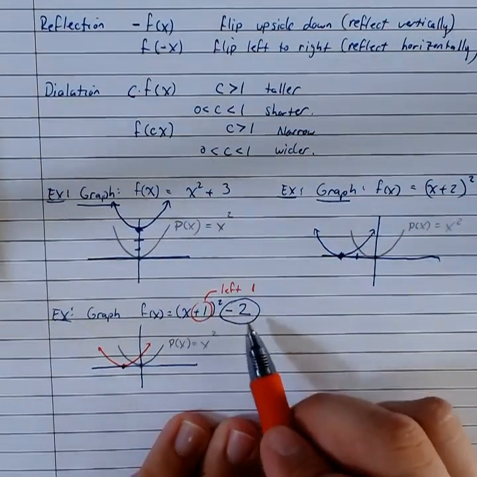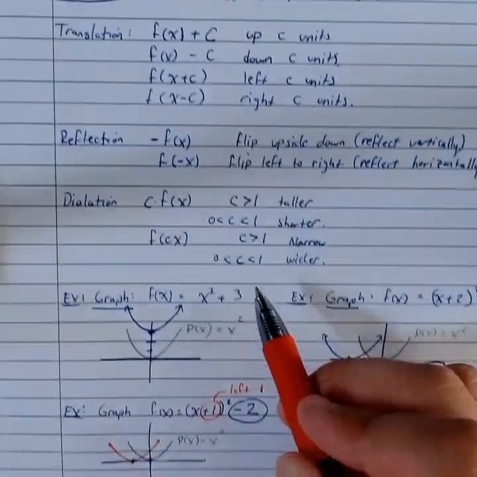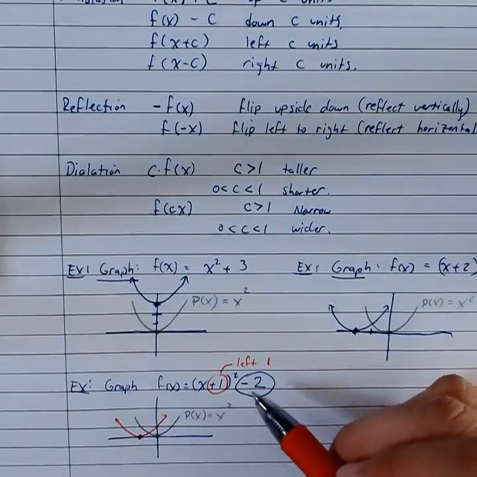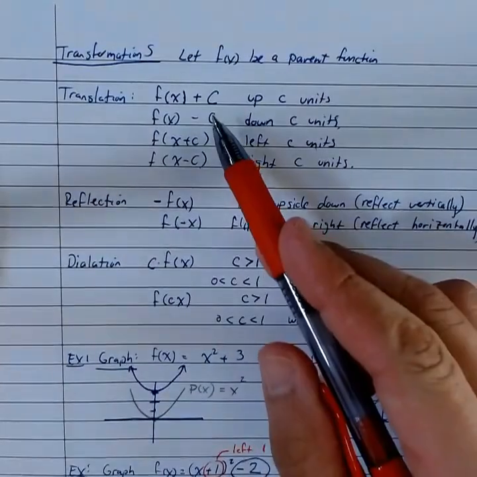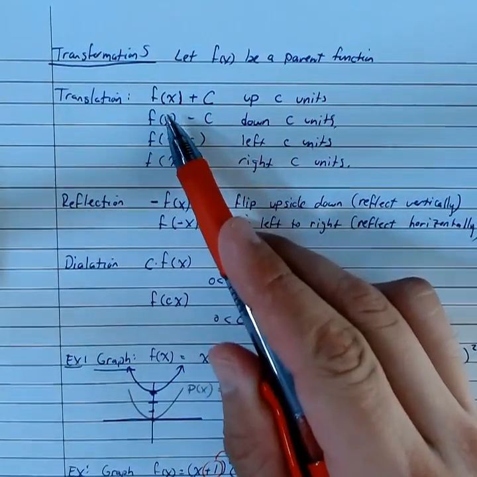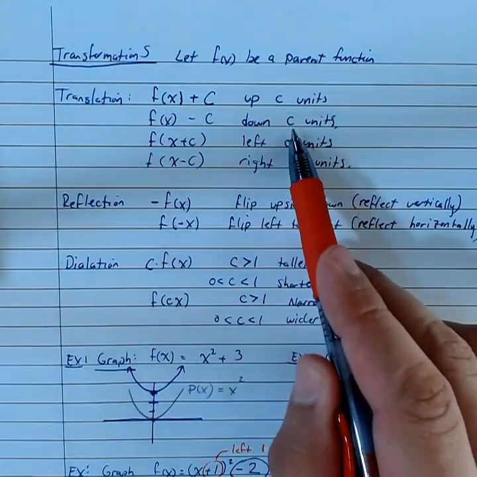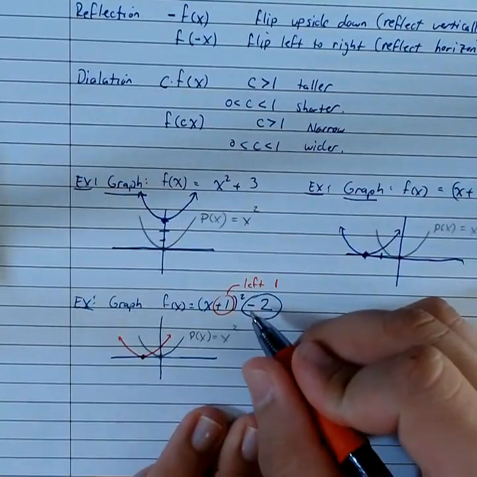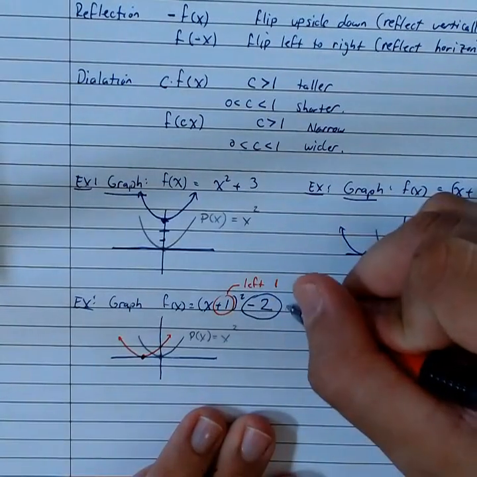Now, after I've done that, that minus 2, well, that's on the outside. I'm subtracting 2 from the whole function. Well, that's going to subtract a number from the whole function. It's going to move everything down that many steps. So here, this is telling us to go down 2 steps.